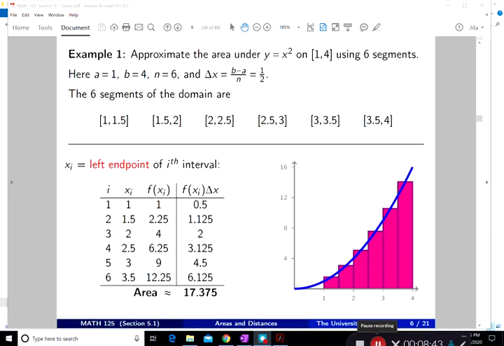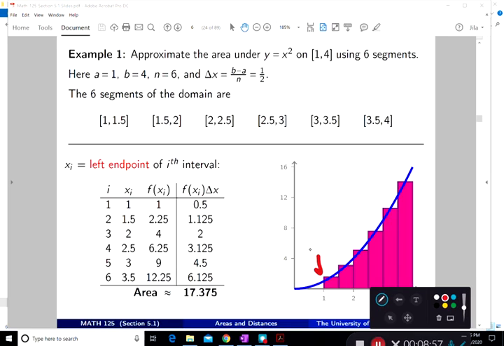This time around, when you're trying to find the height of the rectangle, you use the left endpoint, and that is over here, left endpoint, and that's f of left endpoint here is f of 1, which is 1. Over here, left endpoint, it's 1.5 to power 2.